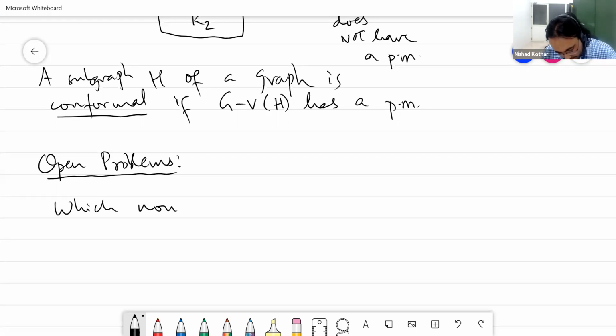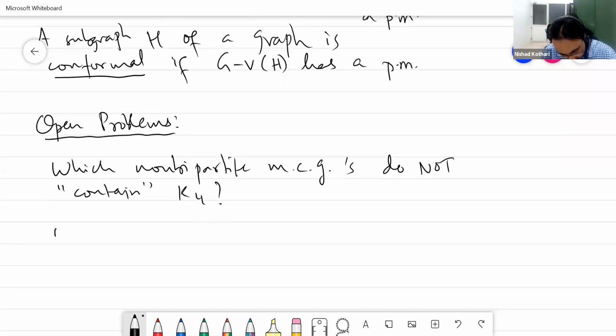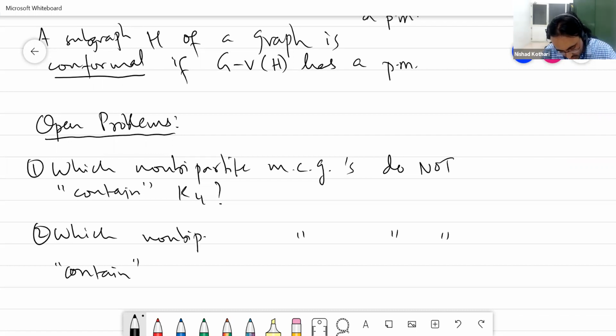Which non-bipartite matching covered graphs do not contain K4, right? And similarly, which non-bipartite matching covered graphs do not contain the triangular prism.